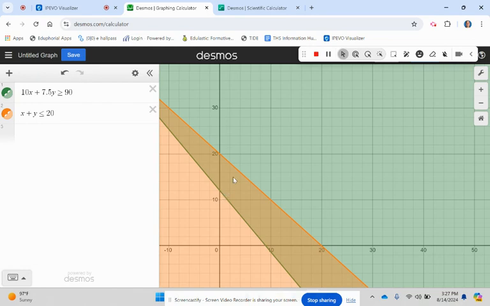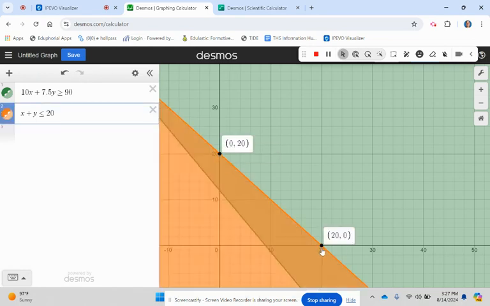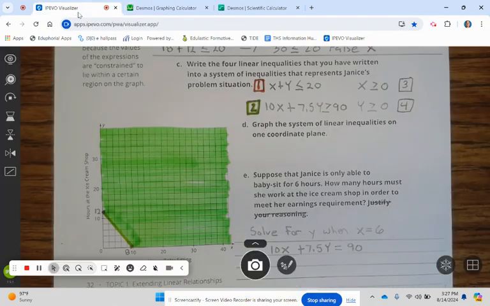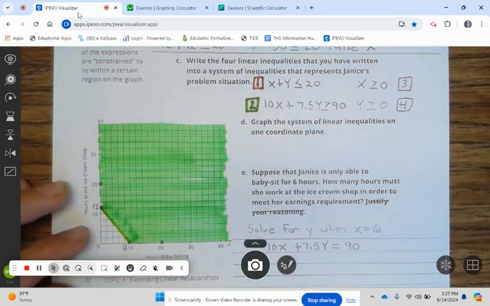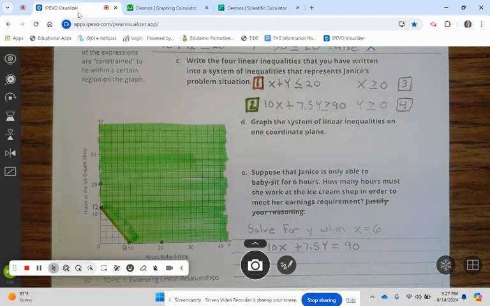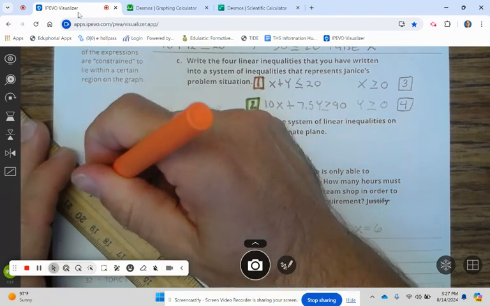Now we need points for the line, so we have 0, 20, and 20, 0. Solid line, we're going to do this in orange.